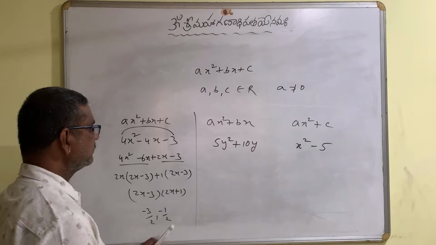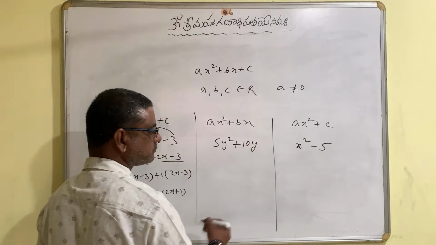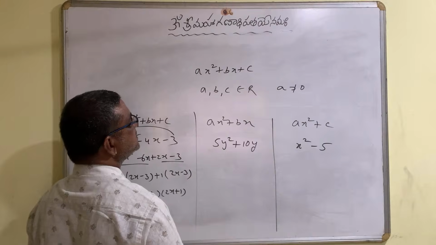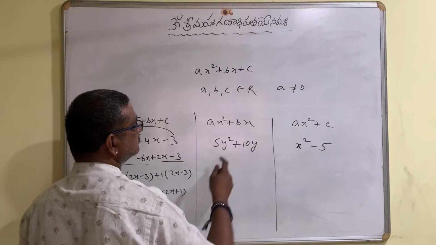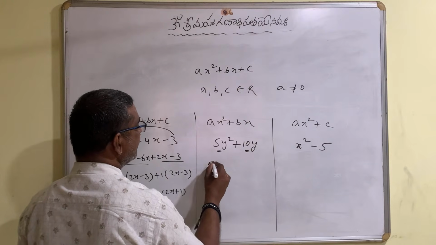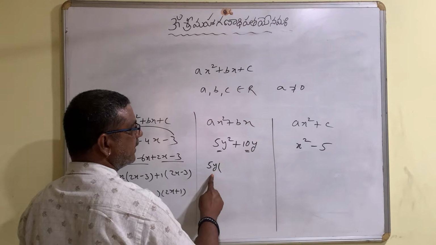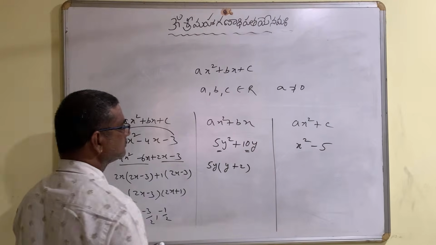Now the second one, coming to this one. Here the constant term is missing. So what do we have to do? From these two we can take 5y common. Remaining is y plus 2.